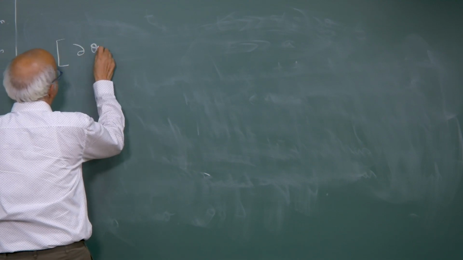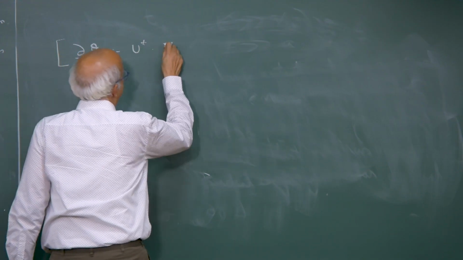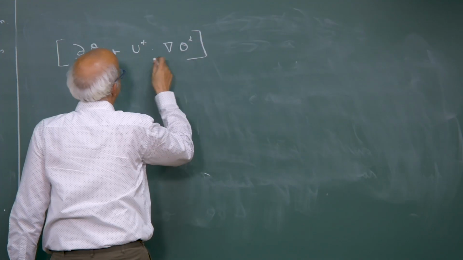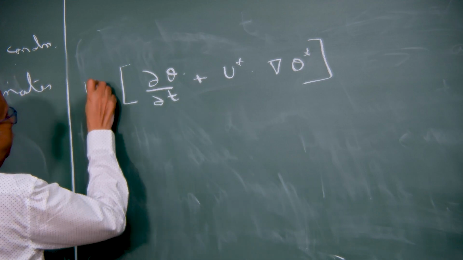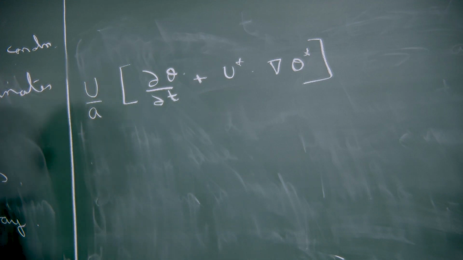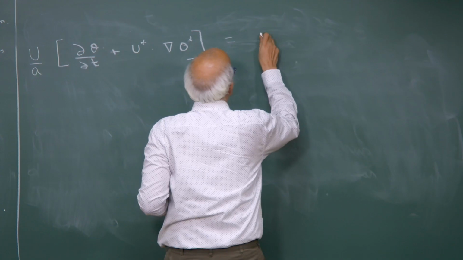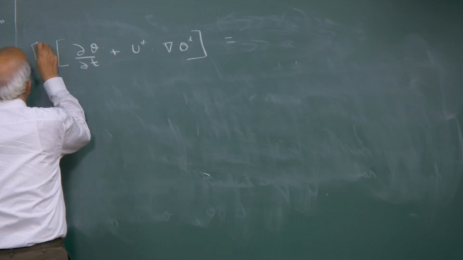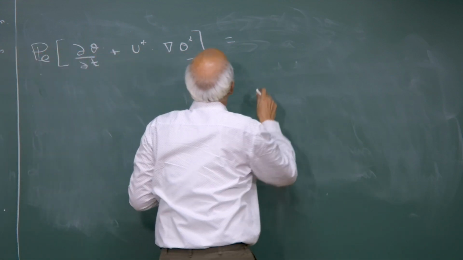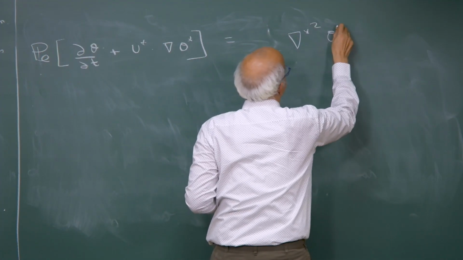d theta by dt plus u star dot del theta star equals, and what did I have here, U by A, is that right? I am going to write that side also, then the Peclet number will come. Let me jump directly to what I have: the Peclet number into del star squared theta star.